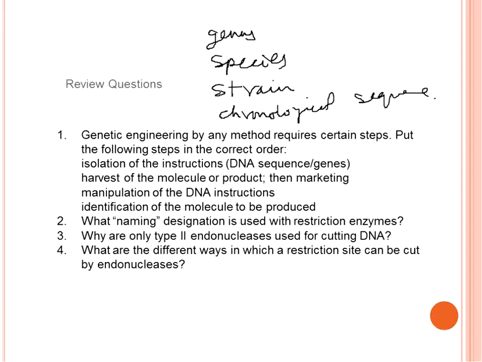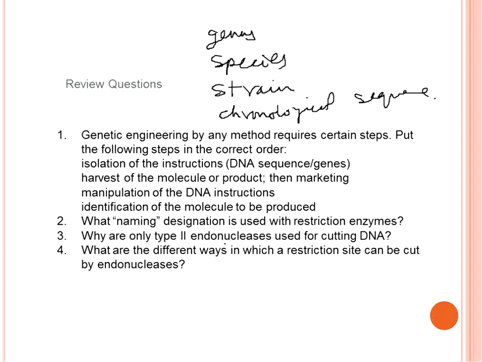Okay. All right. Why are only type 2 enzymes used for cutting the DNA? What were some of the reasons? Type 1 and 3 have some issues, right? First, their recognition sequences don't match the restriction sites.